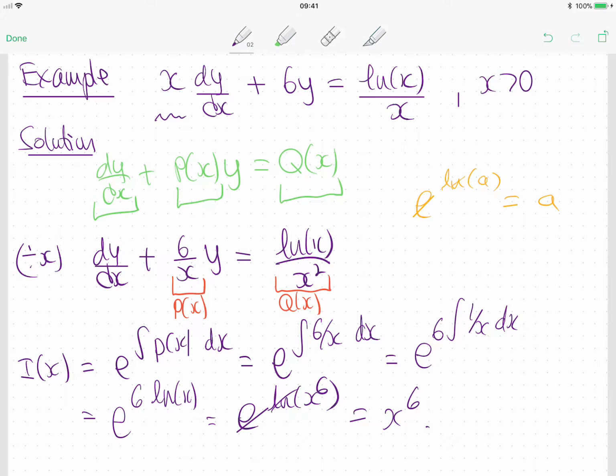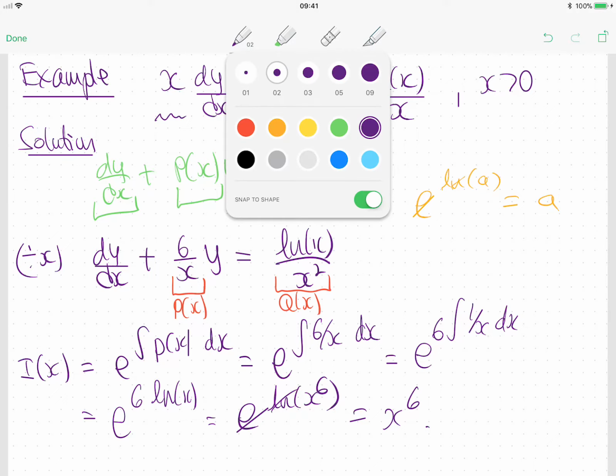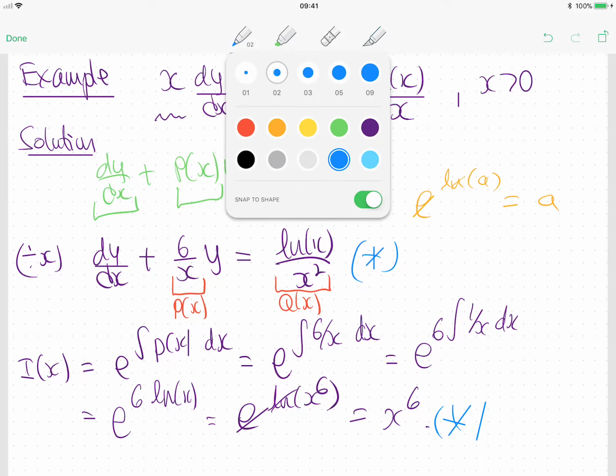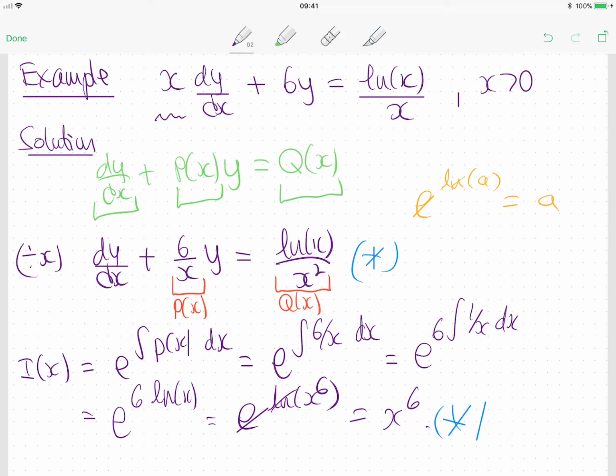Okay, so now we calculated that. The next thing we need to do is multiply this equation through by I, which is x to the power 6. Okay, so let's do that next. What are we going to have?